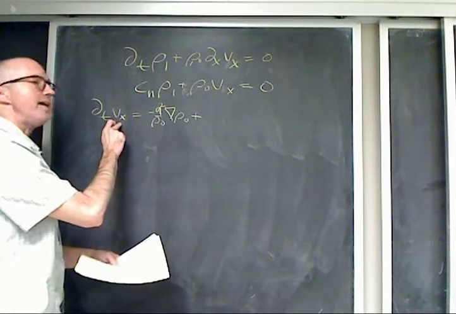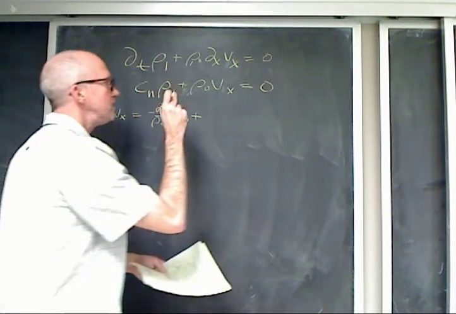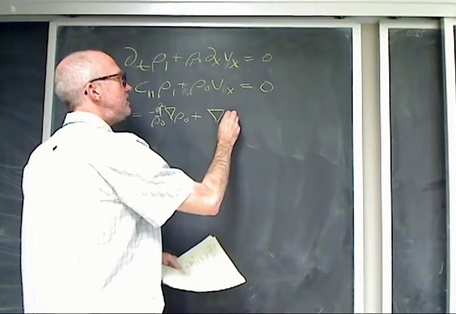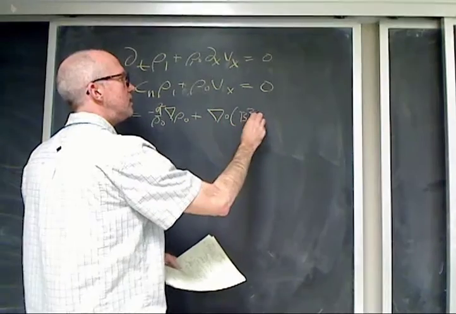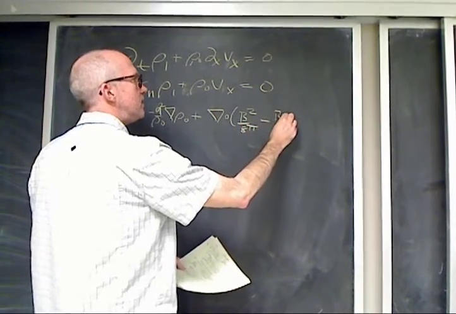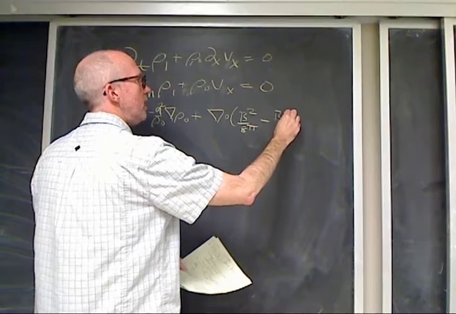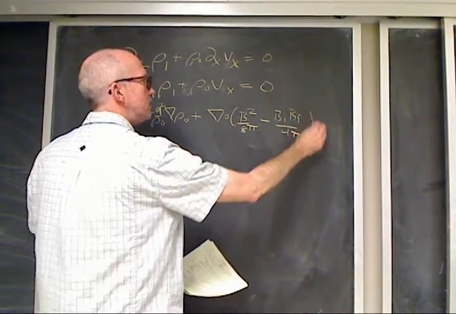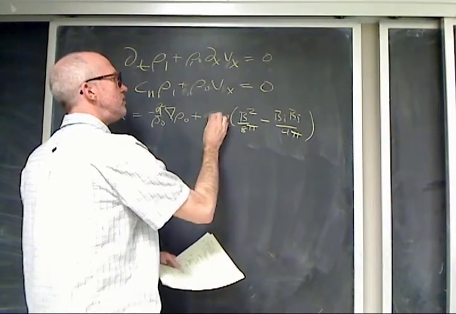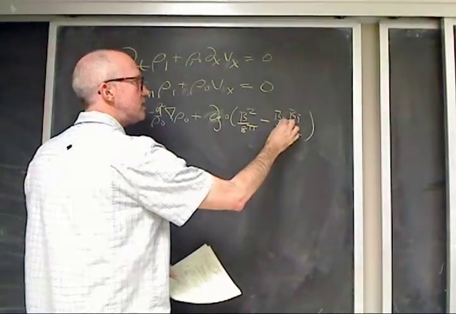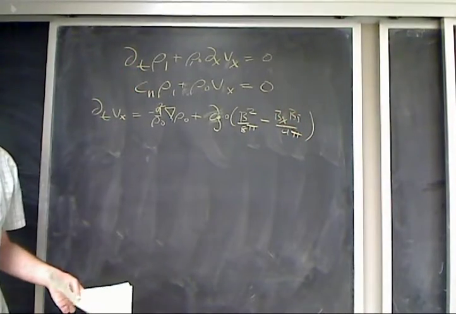So now we're looking at the x component of the velocity. What's the Lorentz force look like? Well, it looks like div of B squared over 8 pi minus BiBj over 4 pi. So let's rewrite this. This is now d by dj. This is my j component. The i component is x, because that's how this equation works.